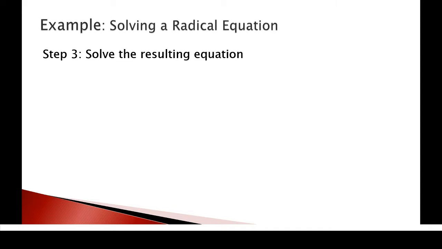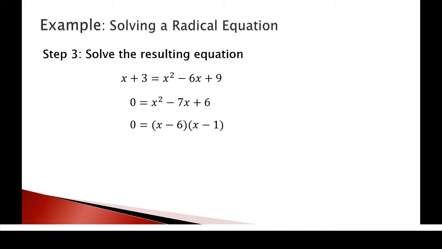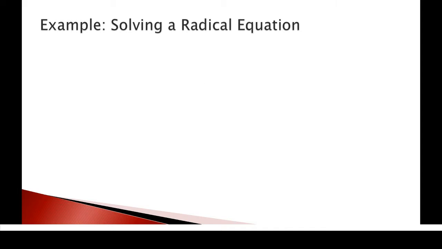And then solve the resulting equation. Take all the x terms to one side and solve for x. If you solve this equation, you will find the solutions x is equal to 6 and x is equal to 1, like this.